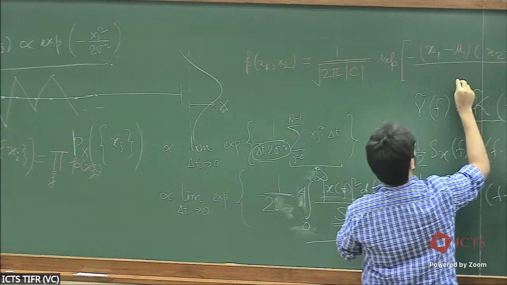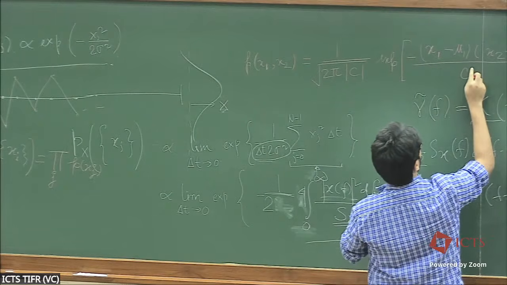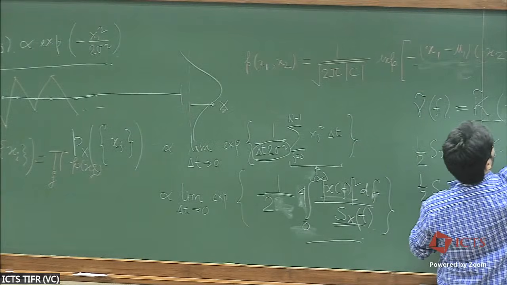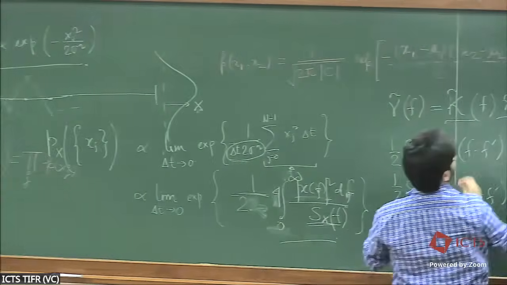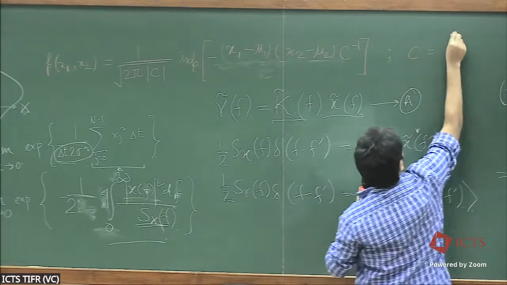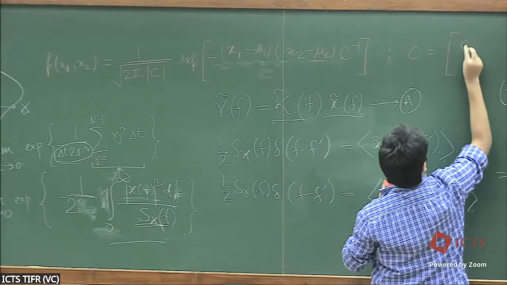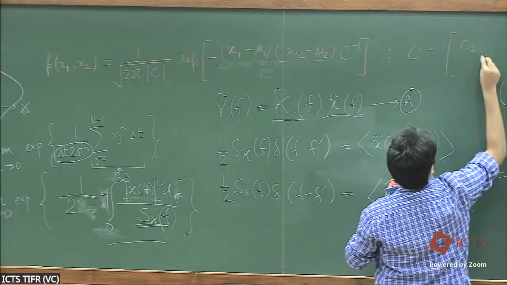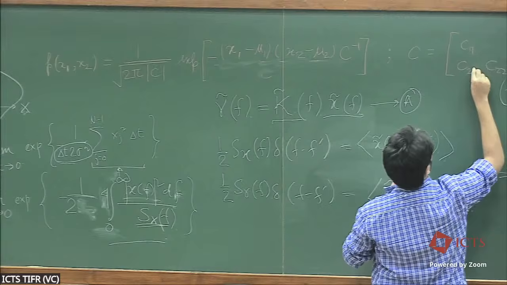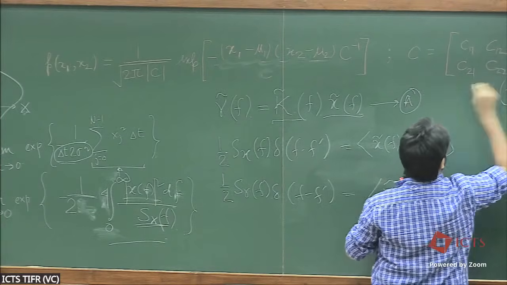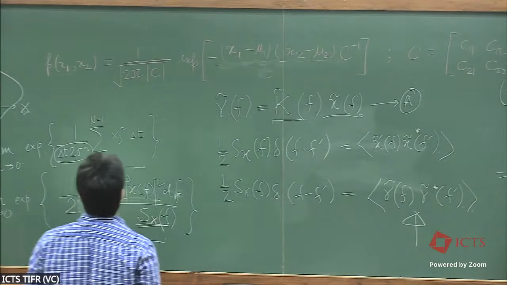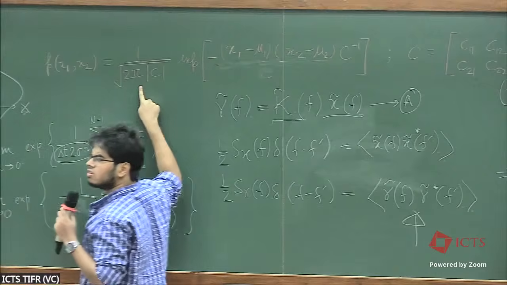mu2 divided by... Is this correct or is this wrong?